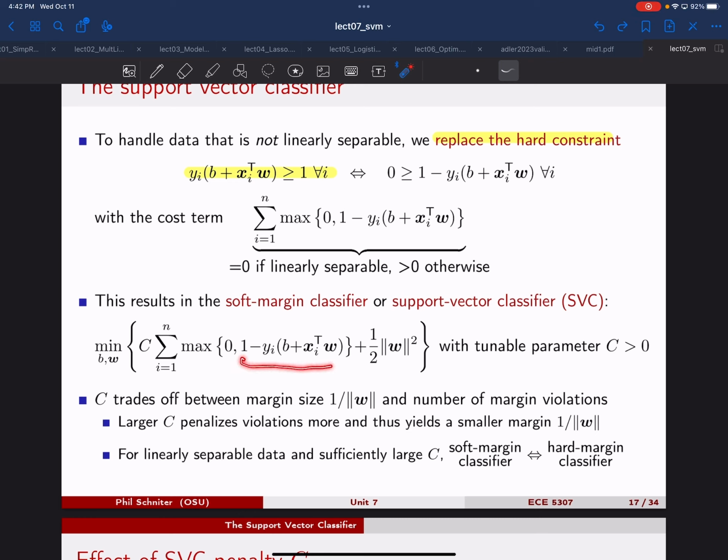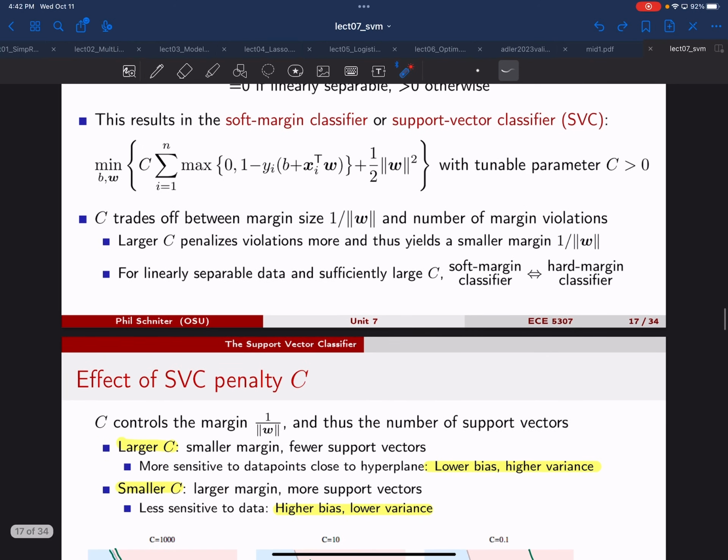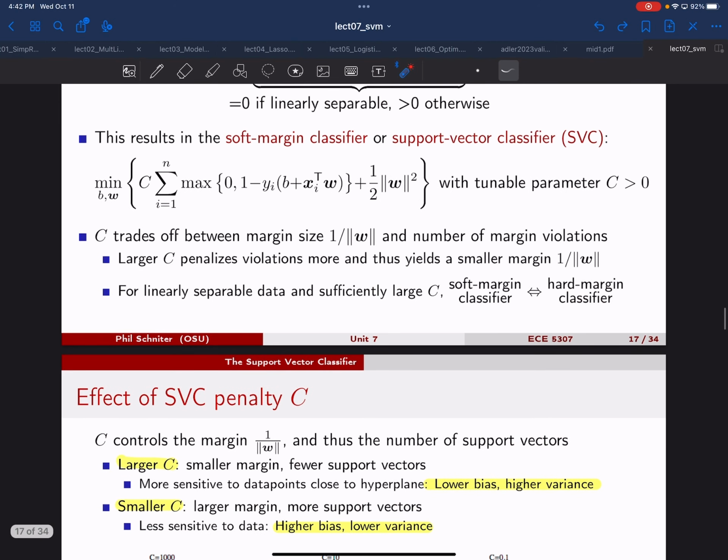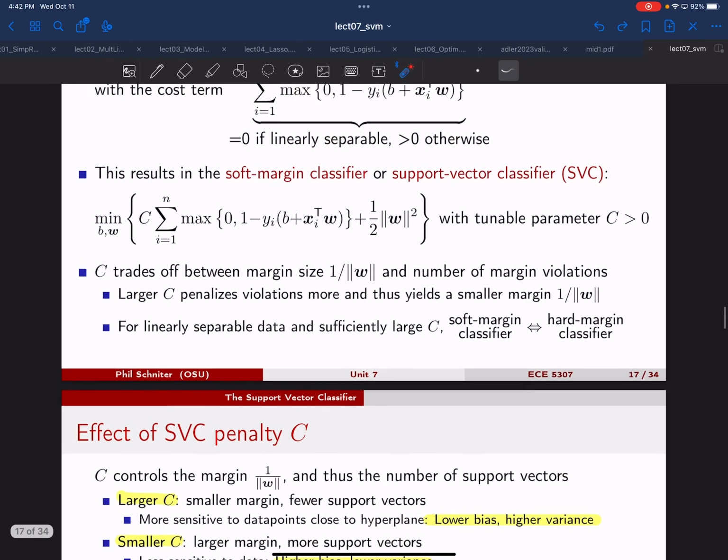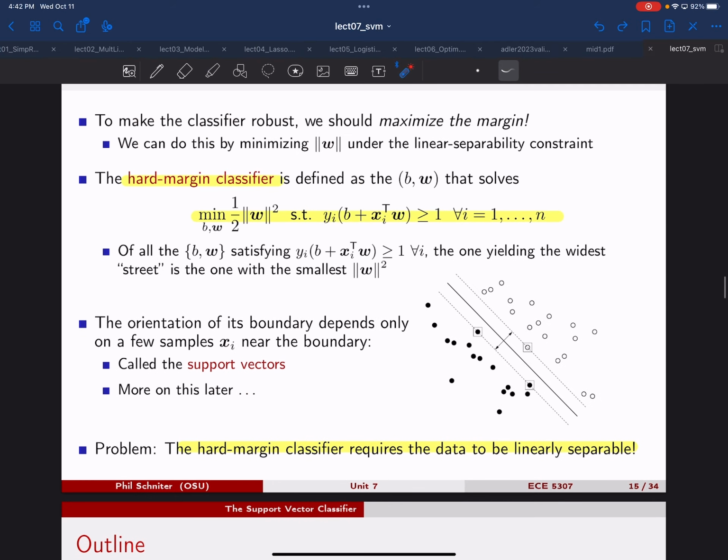And if this is greater than 0, then it's either inside or on the wrong side of the street. So the number of support vectors is basically the number of violations, or maybe not violations, but points on the edge of the street. In this picture, we had 3 support vectors. But if I had a black dot over here, that would be another support vector, and there's no way to escape that.